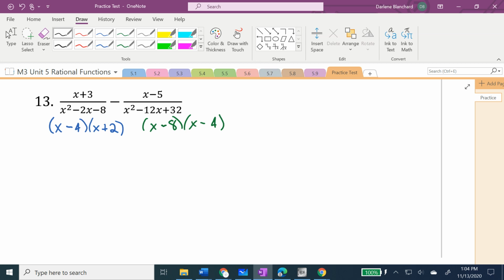Okay, denominator in blue, the first one. It looks over to the other denominator and asks, what does that denominator have that I don't have? And you need to then multiply its numerator and denominator by what it doesn't have. So I'm going to multiply that x plus 3 by x minus 8, and the denominator being multiplied by x minus 8.